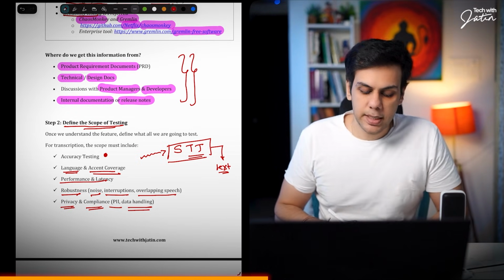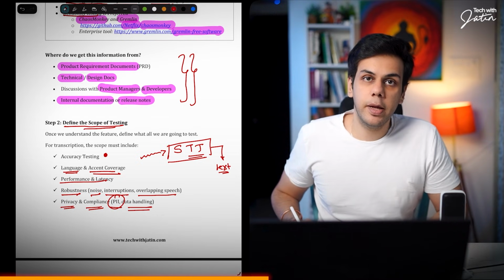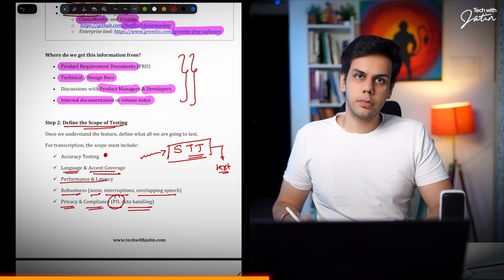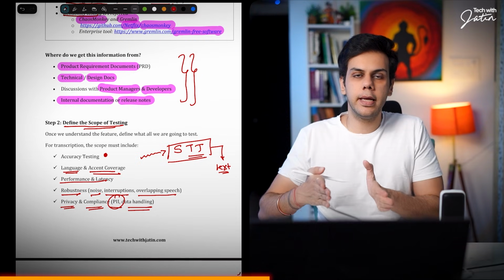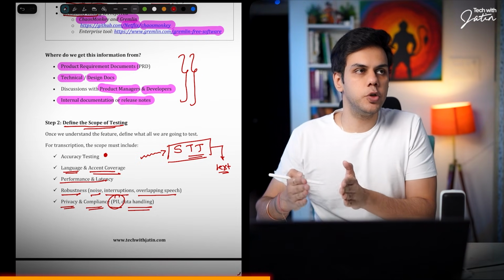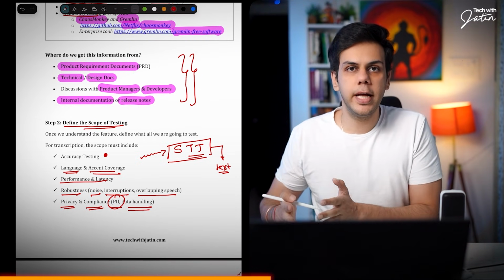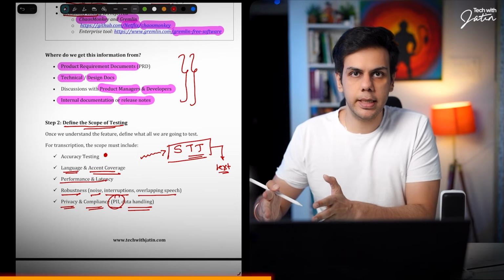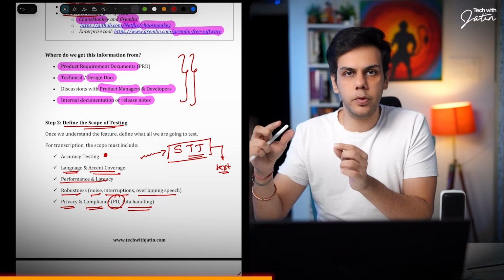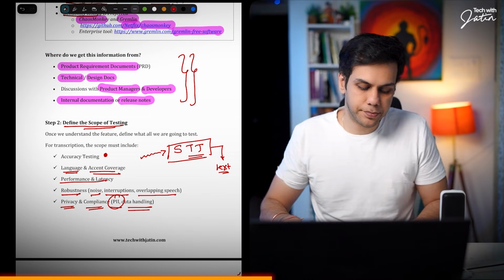What does PII stand for? Personally identifiable information. Because we want to ensure that in the transcripts, there should be no confidential information discussed and kept over there. All right, it should not get converted. Is this part clear?